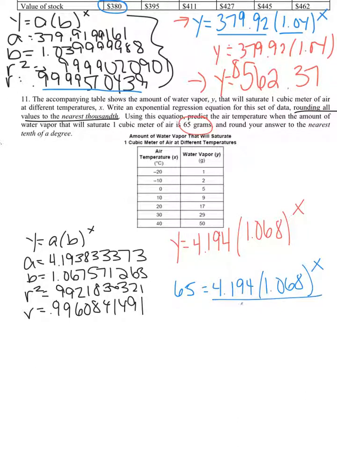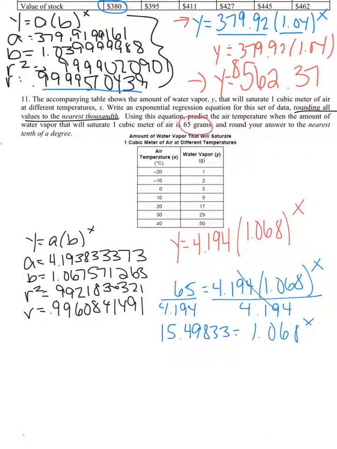So first we divide by 4.194. And I get 15.49833 is equal to 1.068 raised to the power of x. These canceled.